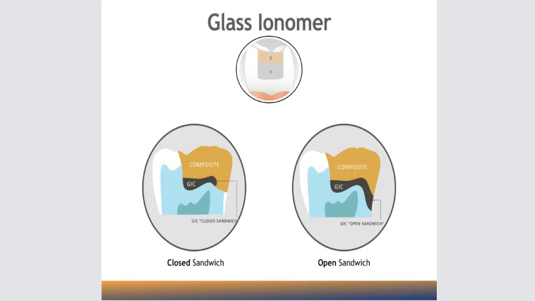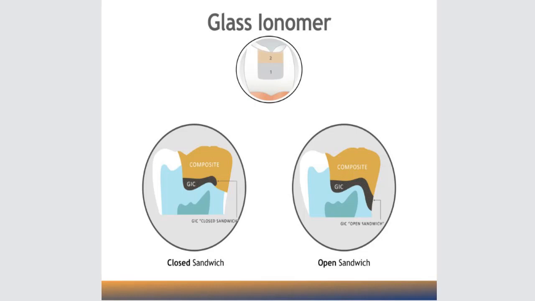But it has been a little bit difficult to place, so let's talk a little bit about this. We can use a couple of different strategies with a bulk fill glass ionomer. We can use a closed sandwich technique where you encapsulate the glass ionomer and use it more as a liner, so that at your margin you have a composite that encapsulates the glass ionomer.